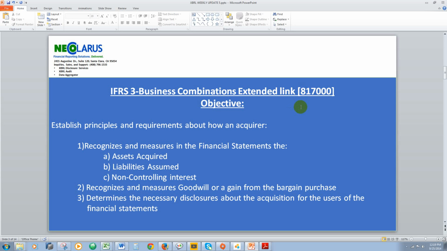The objective is to establish the principles and the requirements in case of an acquisition about how an acquirer recognizes and measures in the financial statements the assets acquired, the liabilities assumed, and the non-controlling interest, and the recognition and measurement of goodwill or a gain from the bargain purchase, and the required disclosures for IFRS 3 business combination notes.